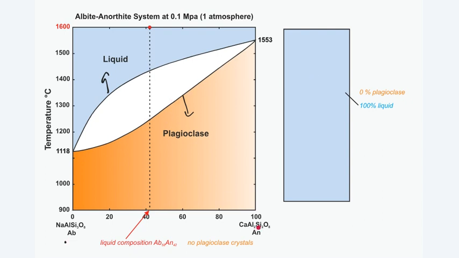So albite and anorthite. Albite has a melting temperature of 1118 degrees, otherwise 1120. Anorthite has 1553. So similarly, in the liquid field, we will take a composition. Same principle: the presence of one component will affect the other. So when it touches the liquidus, it will start to crystallize.